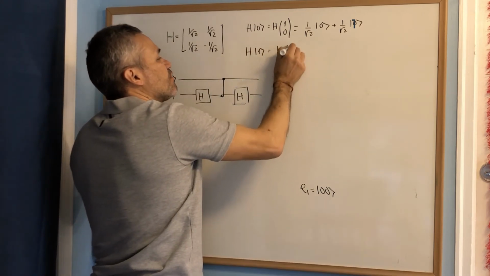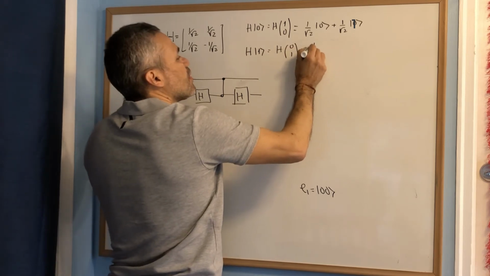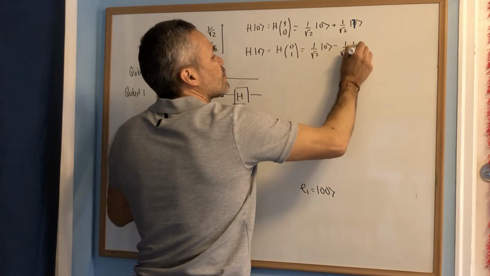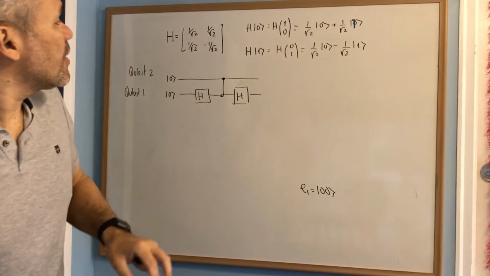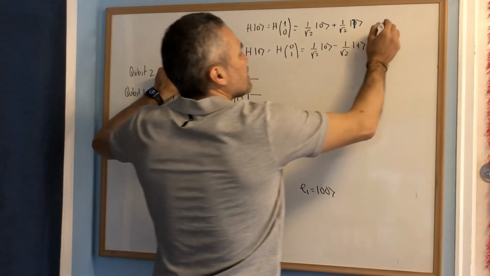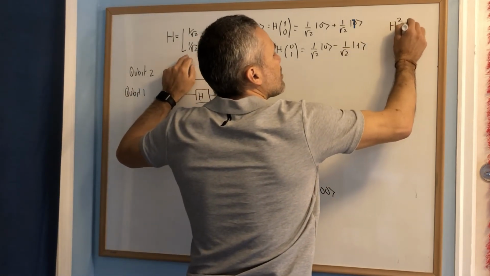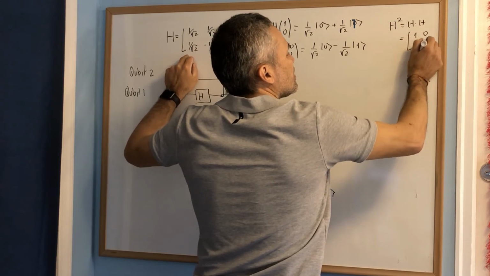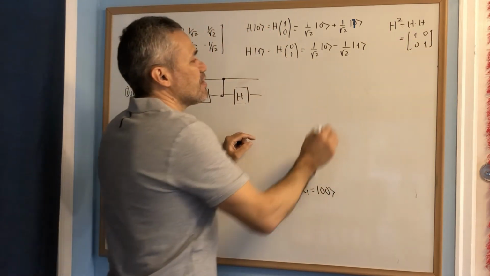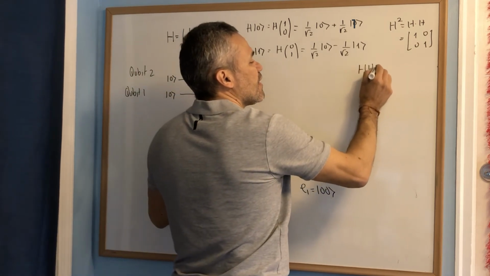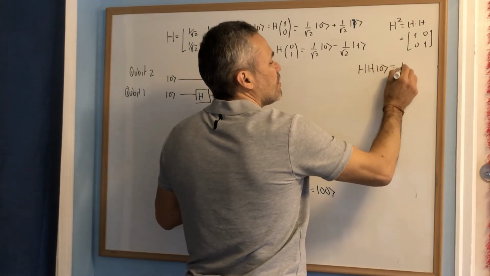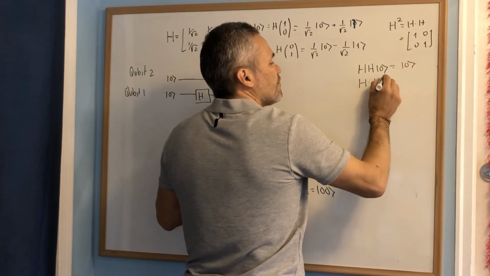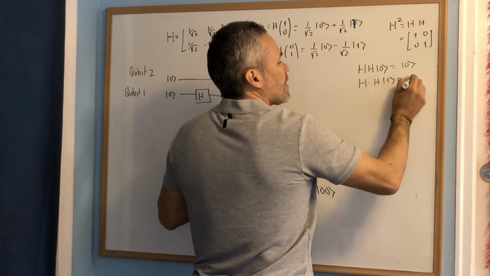This is H of 0, 1, and this is 1 over the square root of 2, 0 minus 1 over the square root of 2, 1. Another important property, easy to check, is that if you do H squared, which is H times H, you get the identity matrix. That means that if I do H of the state 0, I get the state 0, and if I do H of the state 1, I get the state 1.